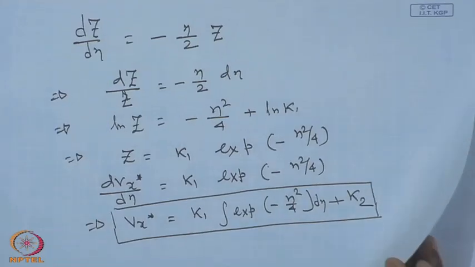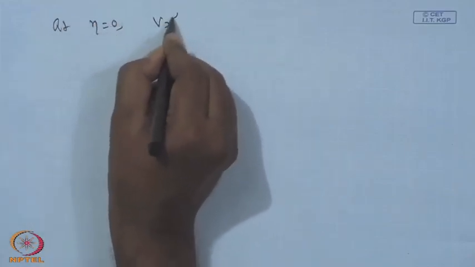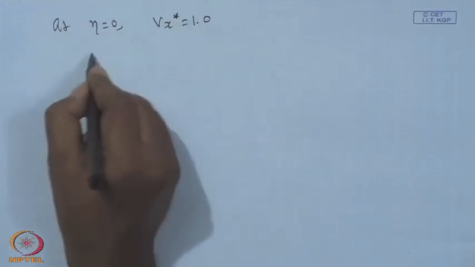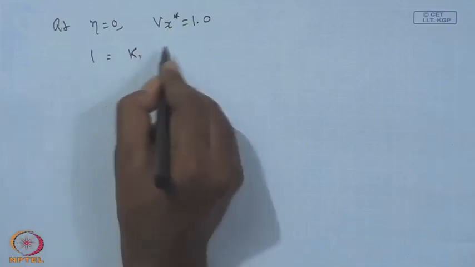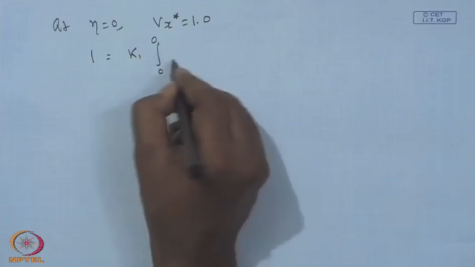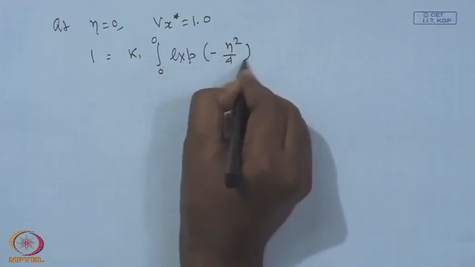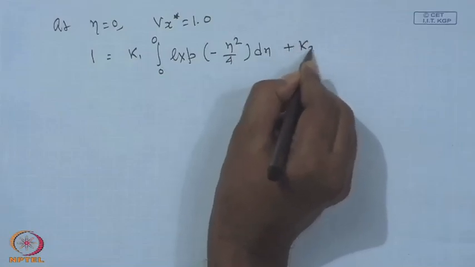If we put the boundary condition at eta is equal to 0, v x star is equal to 1. So, that means 1 is equal to k 1 times the integral from 0 to 0 of exponential minus eta square by 4 d eta, plus k 2.